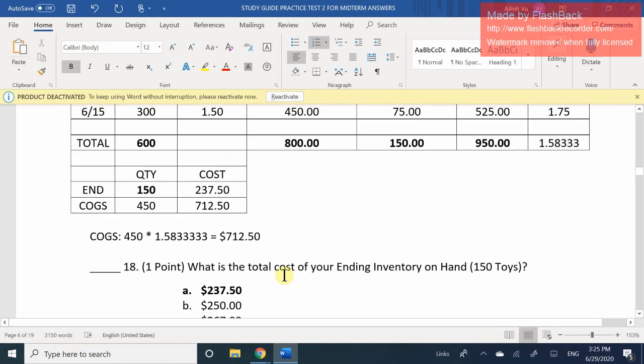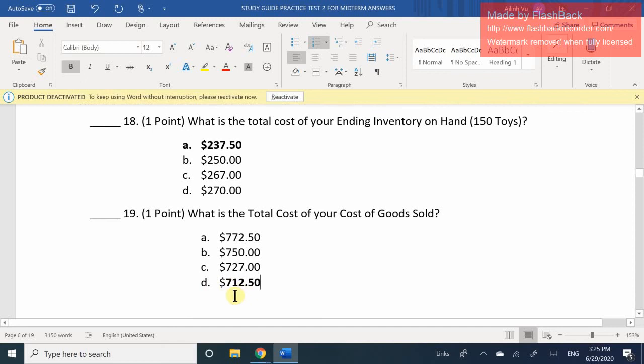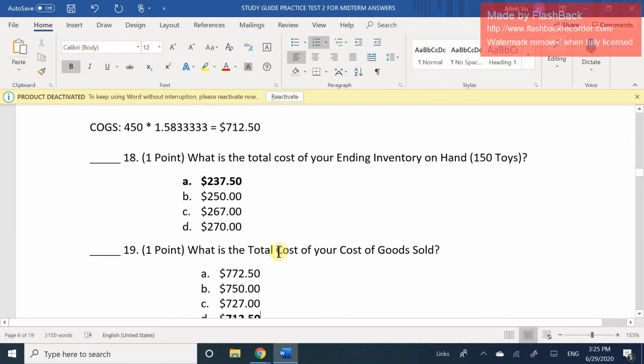If I rounded it to 158 and multiplied that by the 450, it would give me 711 actually, not even 712. So that was way off. Again, that's an error that I forgot to change. So there you go, I fixed it for you guys.